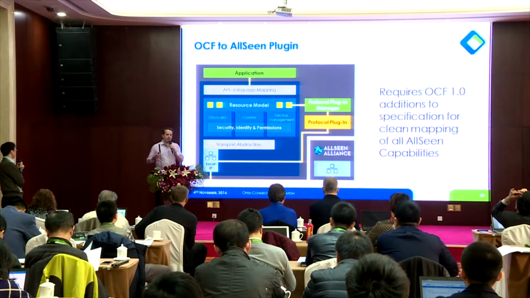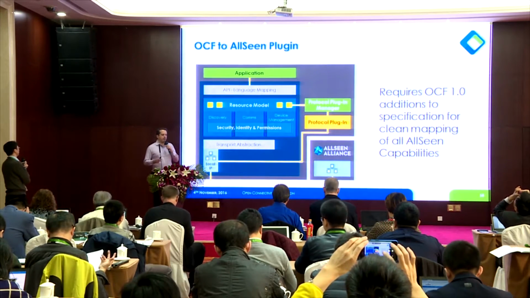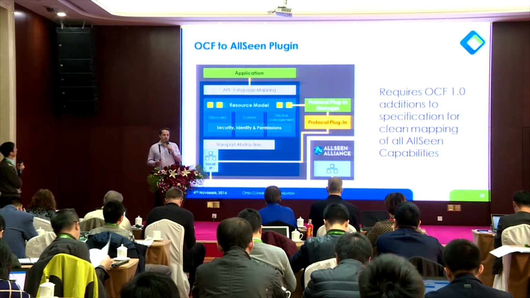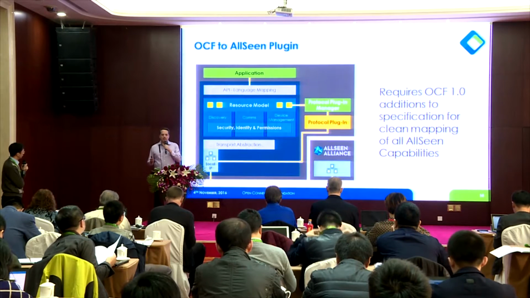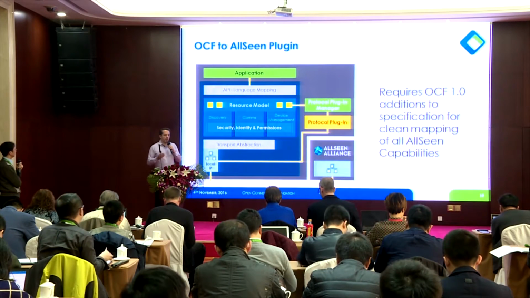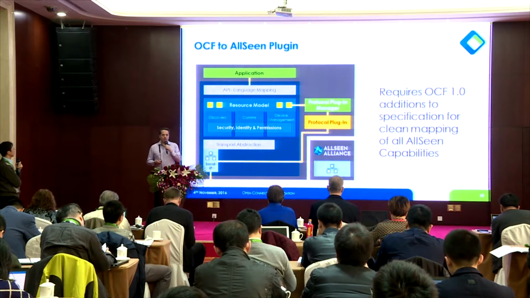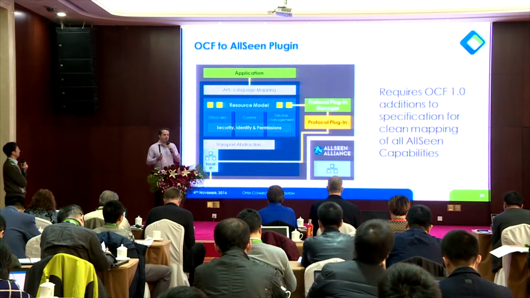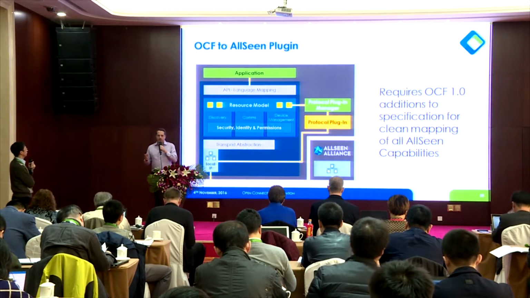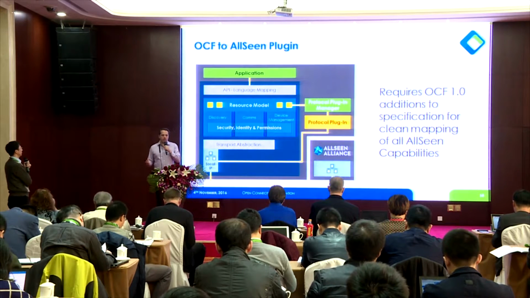So a lot of the effort over the last year, since February, has been to add the capabilities that we need into the OCF framework so that we can have a clean mapping from an AllJoyn device into OCF. That is the version of the specification you saw listed on the roadmap, the OCF 1.0 spec. So OCF 1.0 adds capabilities into the OCF technology that allow a clean mapping from AllSeen into OCF.